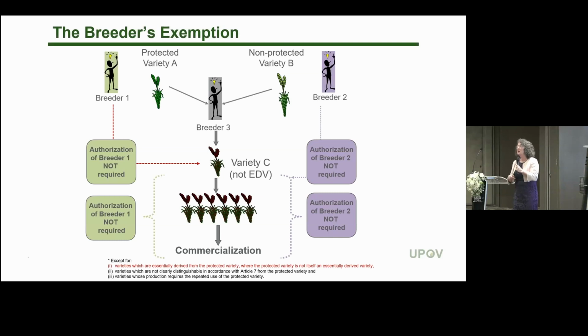So that means the majority of the genetics of variety, let's say A, has been retained in this variety. And in this case, still you don't need the authorization of the breeder of variety A to develop variety C, but to commercialize variety C, only in this case you need the authorization of the breeder.